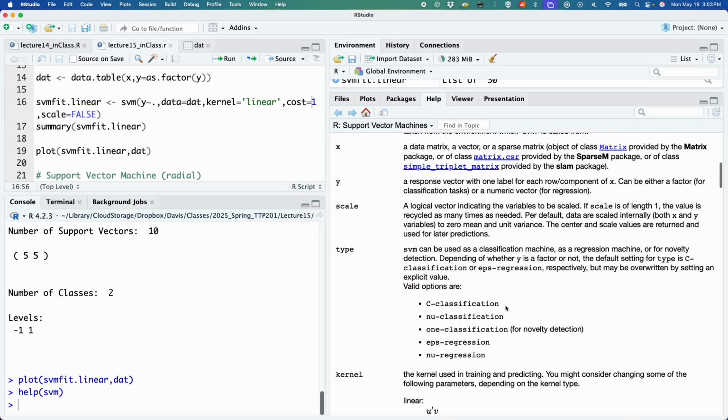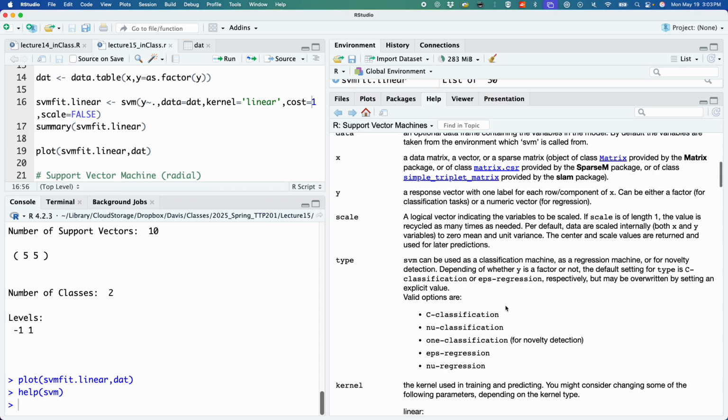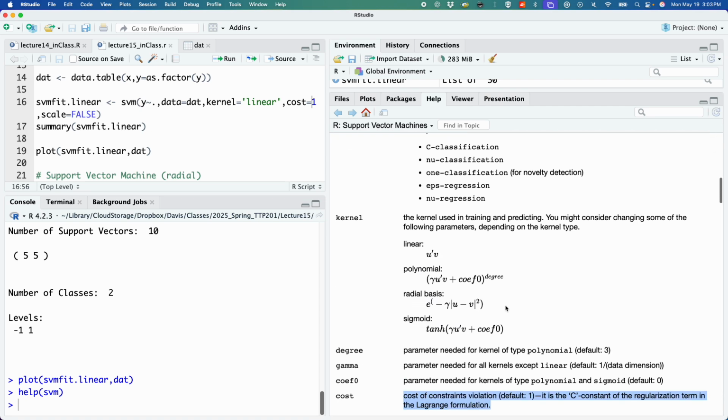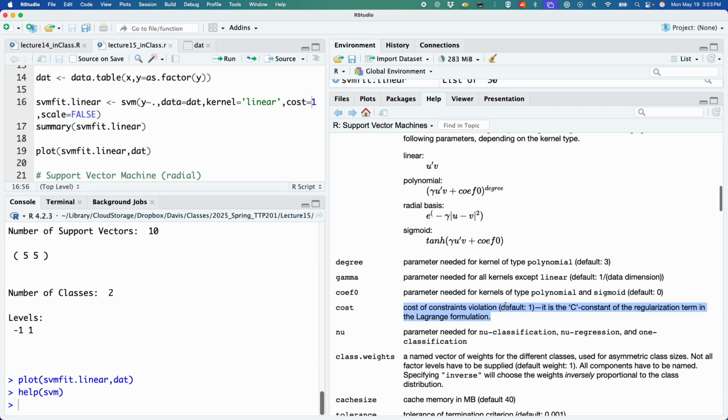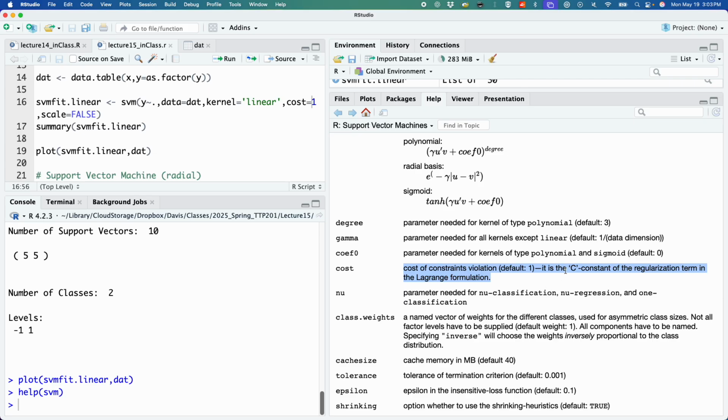But oh, it is the C constant. I must be thinking of this slightly differently. But then if the C is 0, that would mean that the cost of violation is 0. Right, so it's not the same as the one where you can have violation.